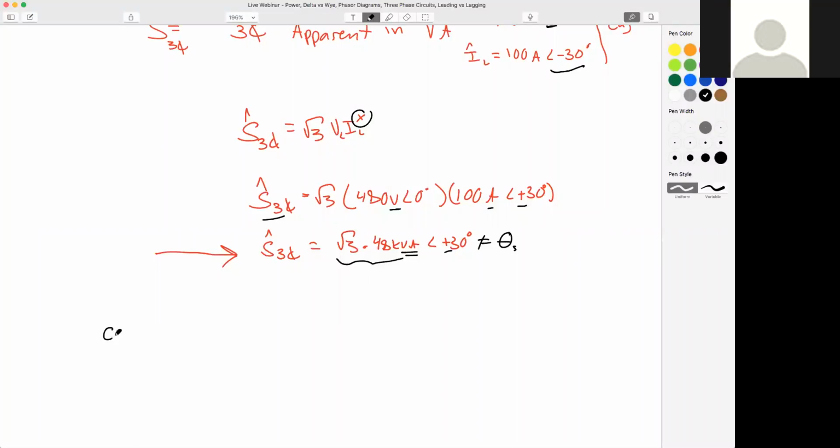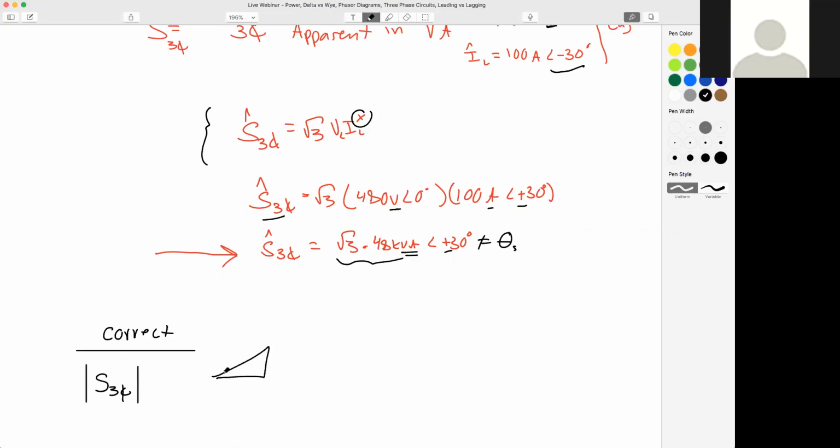So the correct way would be we can use that formula essentially, but only for magnitude. And I'll talk about why. So the correct way would be, this would be our three-phase magnitude, right? These brackets right here mean it's just the magnitude, right?